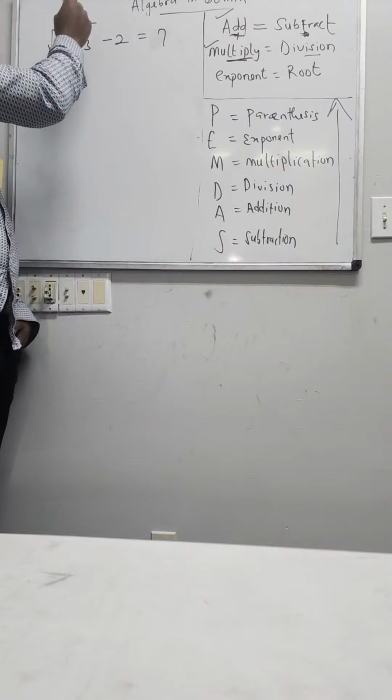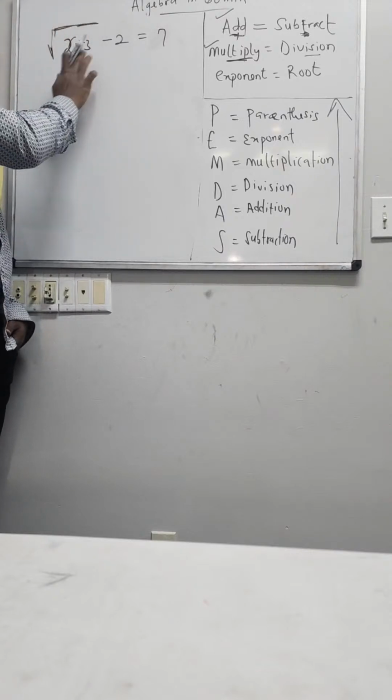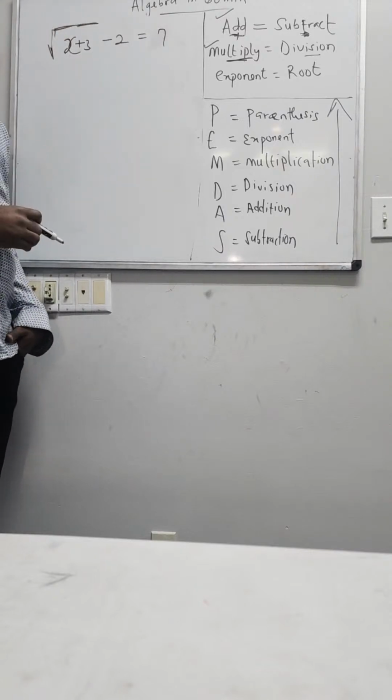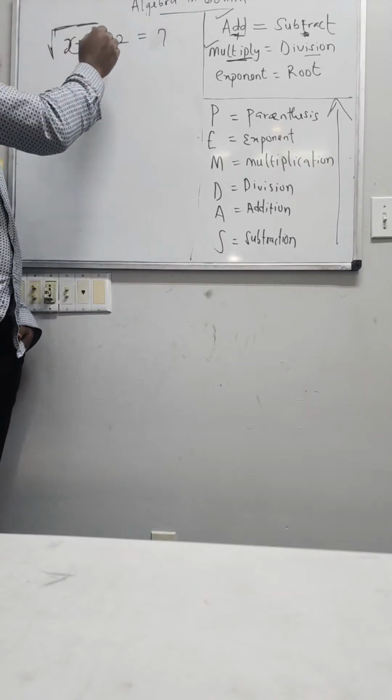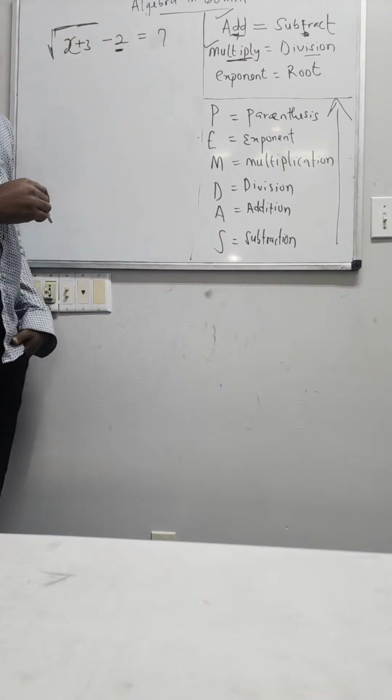Square root of x plus 3 minus 2 equals 7. So the first thing we need to get rid of is this 2.